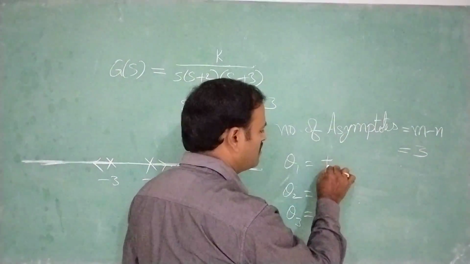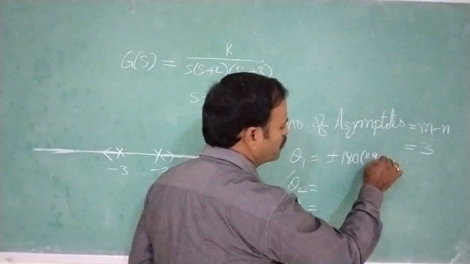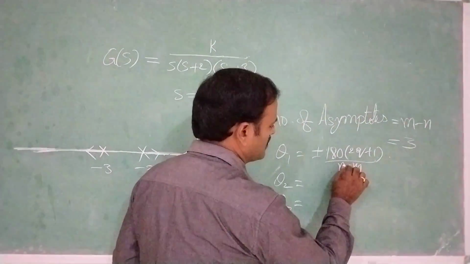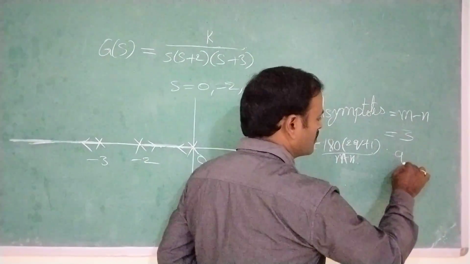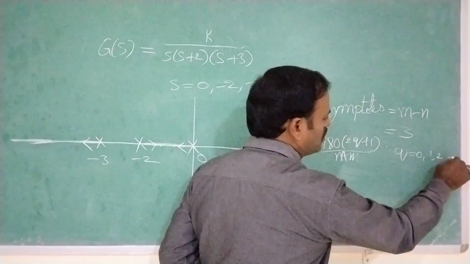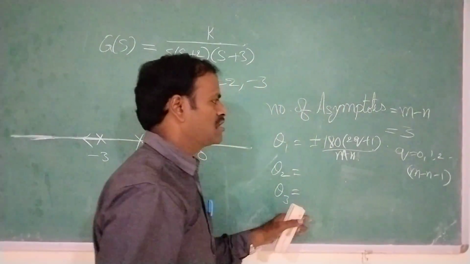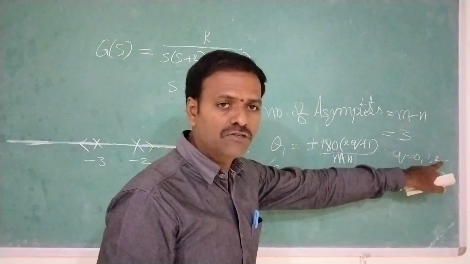And for theta, the formula is plus or minus 180 into 2q plus 1 divided by m minus n, where q is 0, 1, 2 up to m minus n minus 1. So m minus n is 3, 3 minus 1 is 2. So q varies from 0, 1, 2.